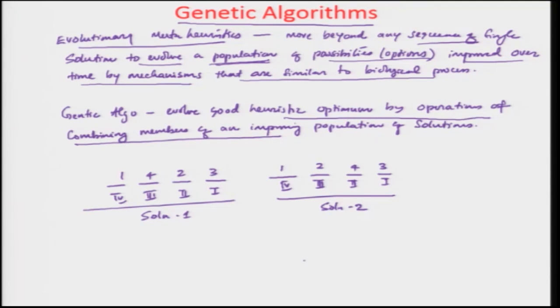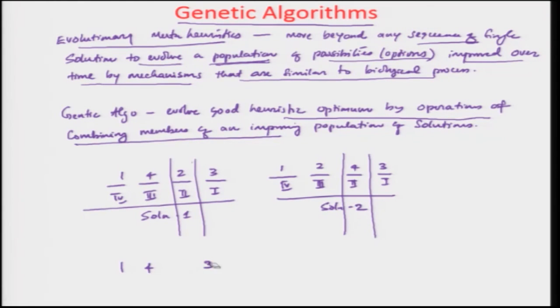So one way of doing this is to create a scenario like this. We want to take this job which is at the 4th sequence position. Let us take a cut here. This one is 4, and we want to change this. If I move 4 here and get a solution 1, 4, 4, 3, then this is not feasible, because one job has gone away.